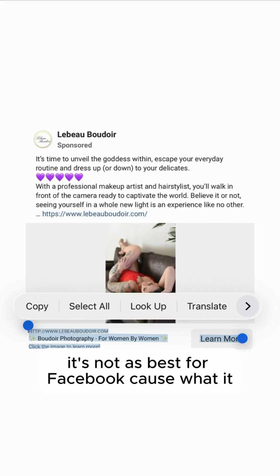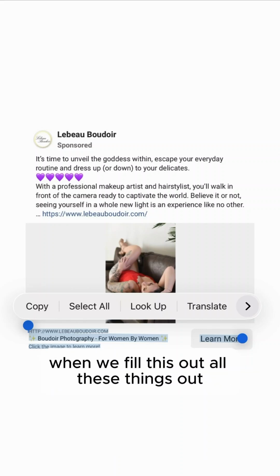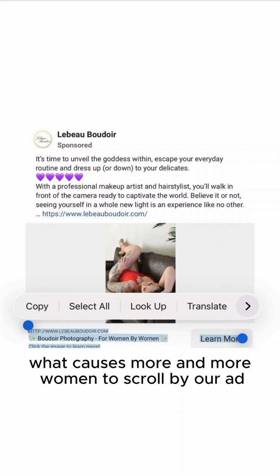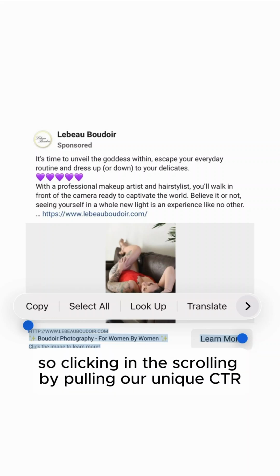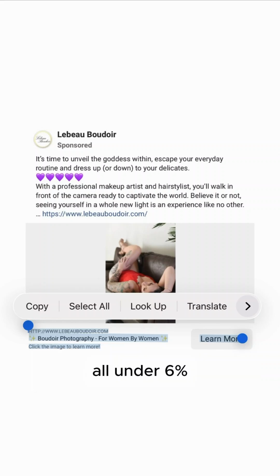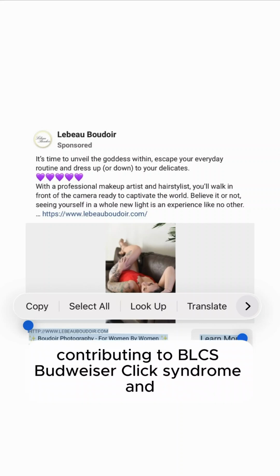In fact, it's not best for us, it's best for Facebook, because when we fill all these things out, it causes more and more women to scroll by our ad, which means instead of clicking in, they're scrolling by, pulling our unique CTRL under 6%, contributing to BLCS, Boudoir low click syndrome.